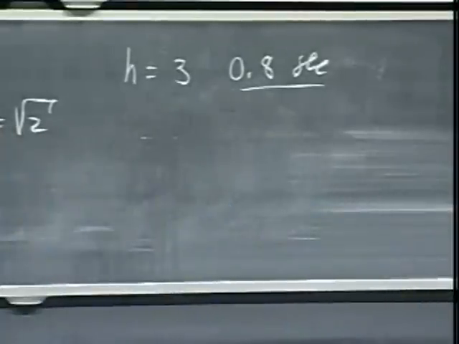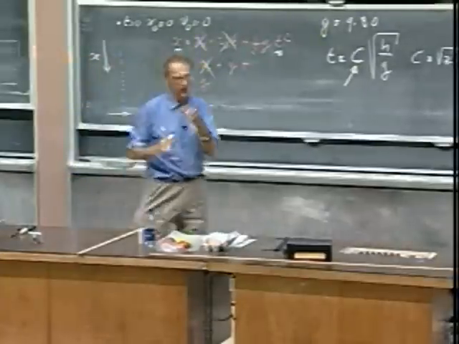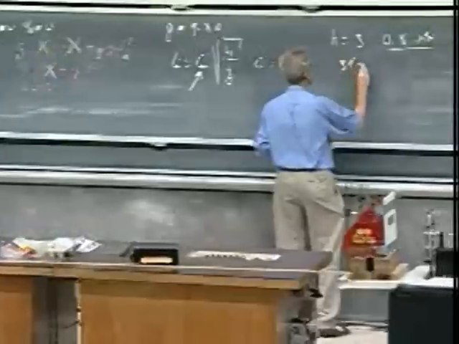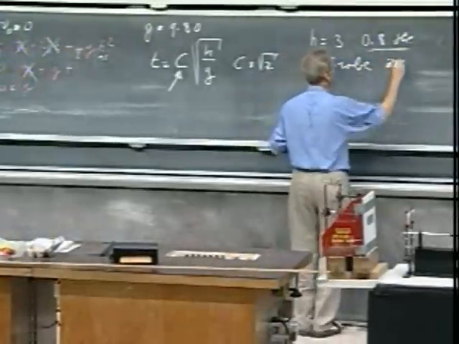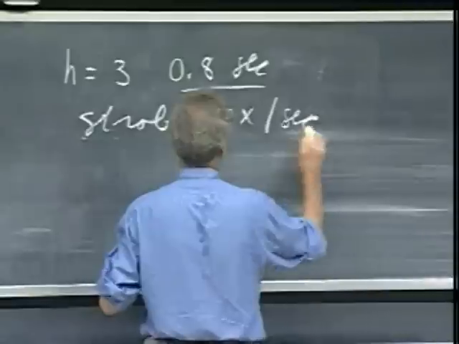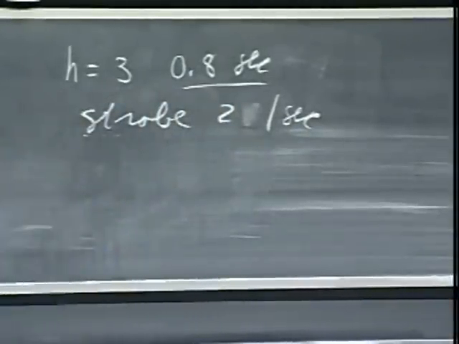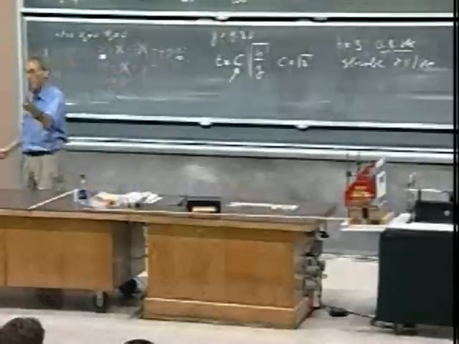If I strobe it twice per second, we call that 2 hertz, so my strobe is 2 times per second, then I should hit that apple when it's falling twice with my strobe light.